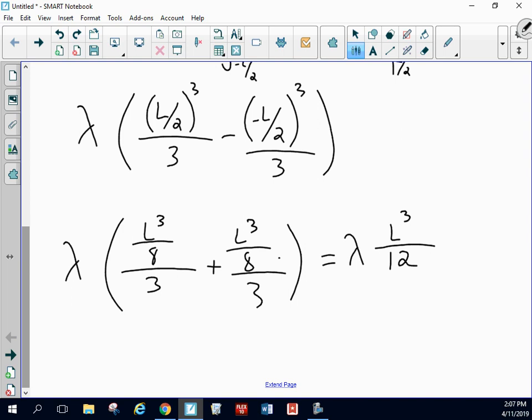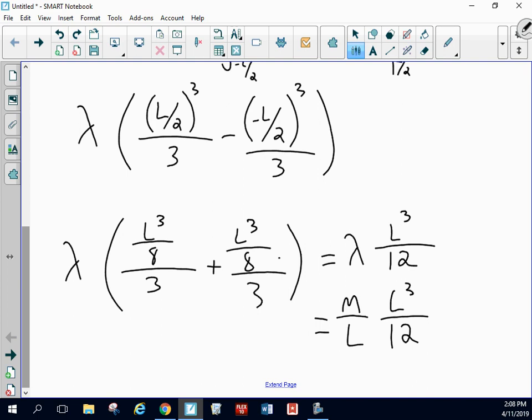You could stop right there, but because the density is constant and that has M and L in it, let's substitute in for that. You could have done that from the beginning, I just didn't want to write as much. As a final step, density is M over L times L cubed over 12.